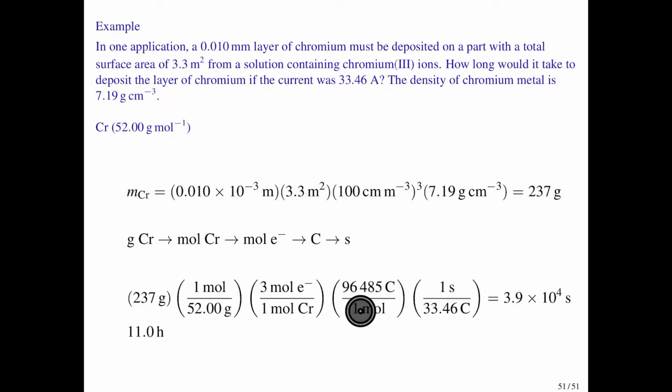Finally, we divide by the electric current to get the time, so 3.9 times 10 to the 4 seconds, which converted to hours is about 11 hours this part needs to spend in the electrolytic cell at that current in order to get that much chromium deposited on the part.